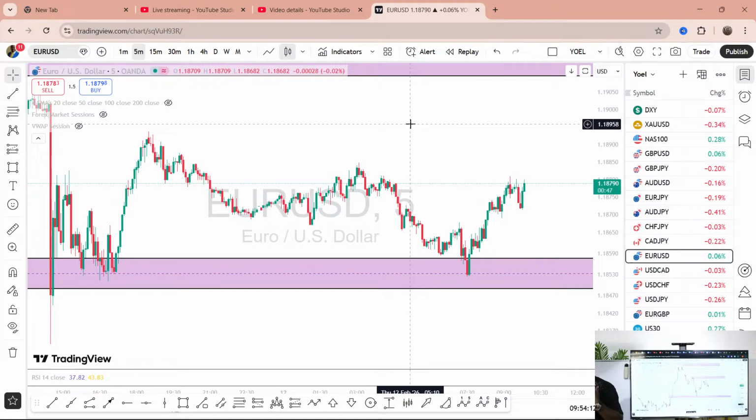My trading is within these two zones today, this area. So let's move to microstructure.